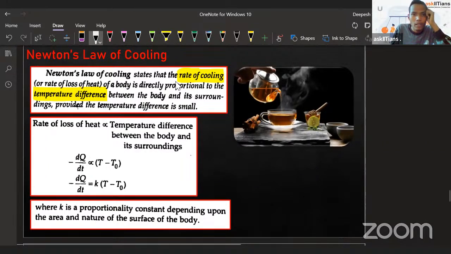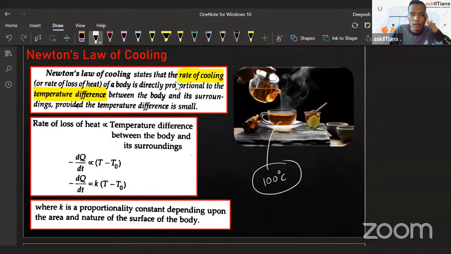Okay. If you have tea at 100 degrees Celsius, and right now, let's say it's a hot season, so the temperature is 45 degrees Celsius. Very easily, it can hit 45 in Delhi, if I'm not wrong.